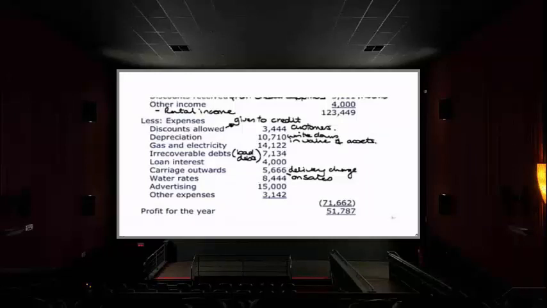We then have some other expenses, water rates, advertising and marketing, and other expenses would all come off. And notice the sum of that subtotal will be brought across to give your total expenditure.